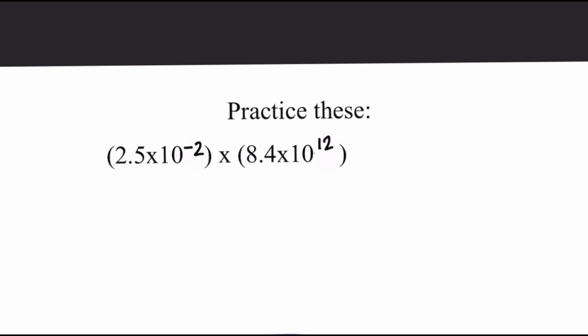Okay, if you did it right, you should have this. 2.1 times 10 to the 11th. Okay, let's talk to the people next to you. If you didn't get it right, see what went wrong whenever you entered it. You should have this in your calculator, 2.5 EE negative 2 times 8.4 EE 12.